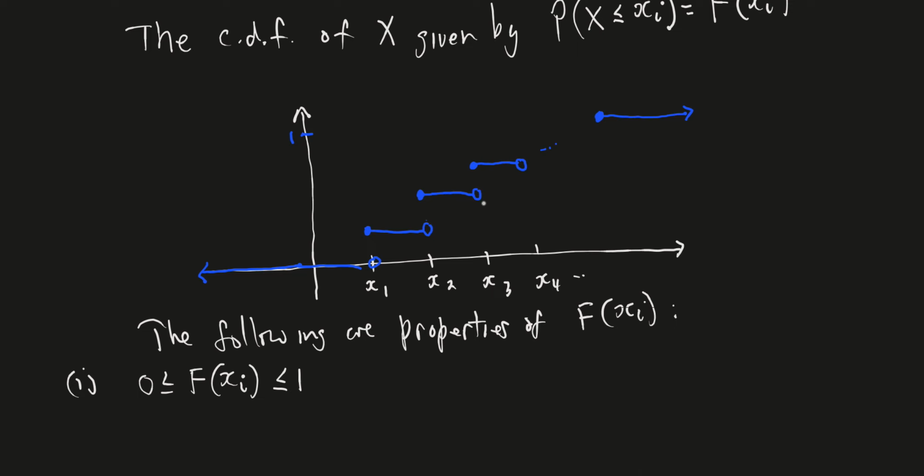The only way they could go down is if you somehow add a negative probability, but there is no such thing as a negative probability. So another observation is that F of x_i is a non-decreasing function.